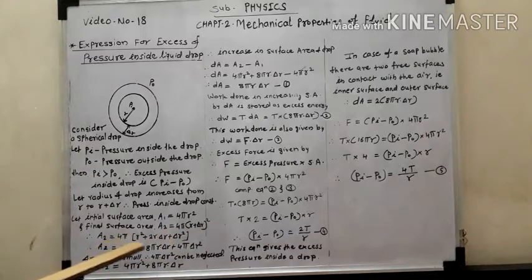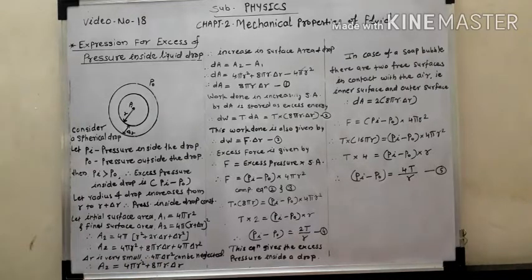Multiplying by 4 pi, A2 is equal to 4 pi r square plus 8 pi r del r plus 4 pi into del r square. But del r is very small, therefore the last term, 4 pi into del r square, is neglected. So the final surface area is 4 pi r square plus 8 pi r into del r.